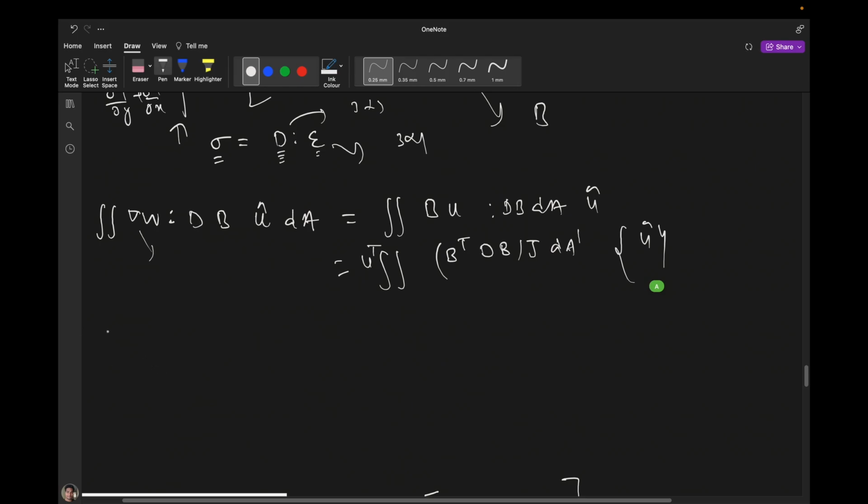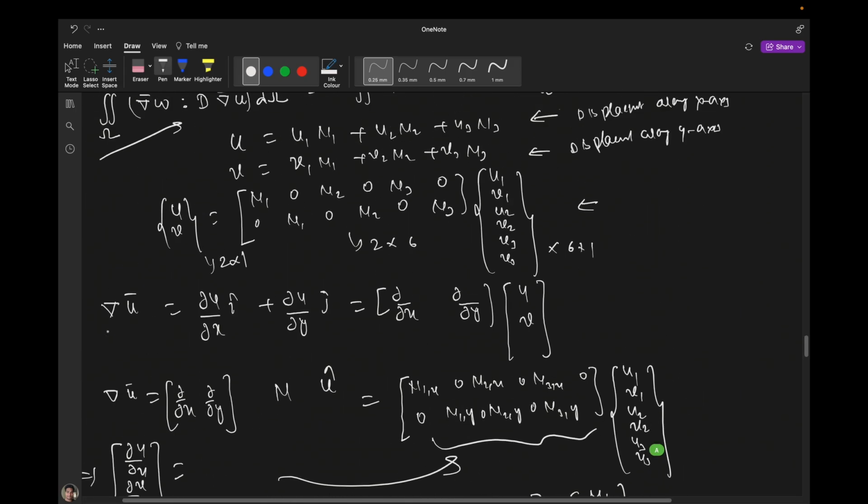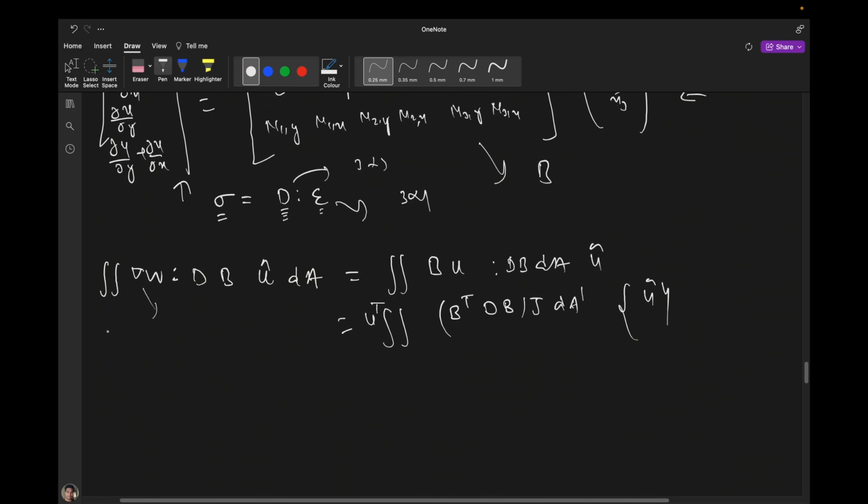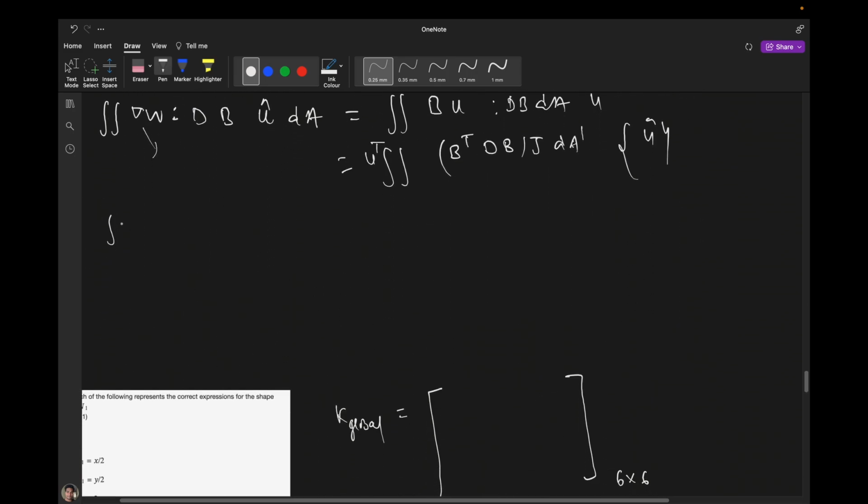And similarly for the traction part, what is the traction part? That is the T dot W dS. So in that case, what will we write?